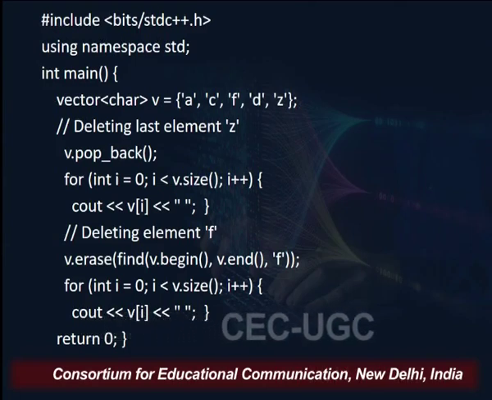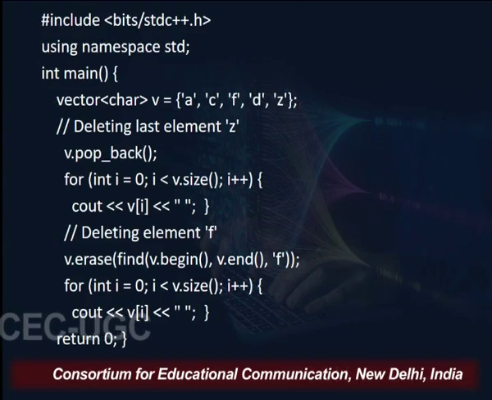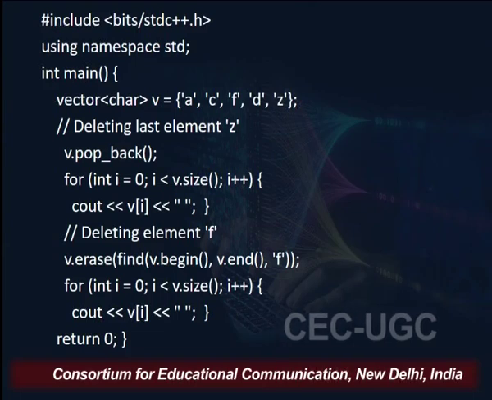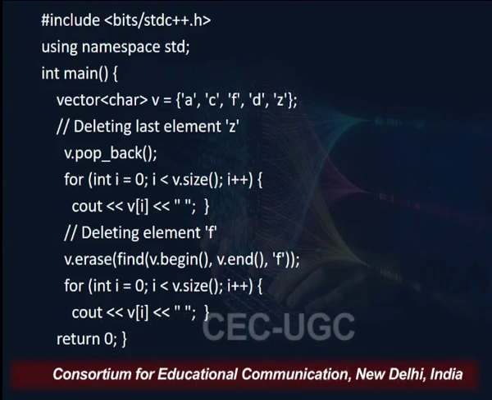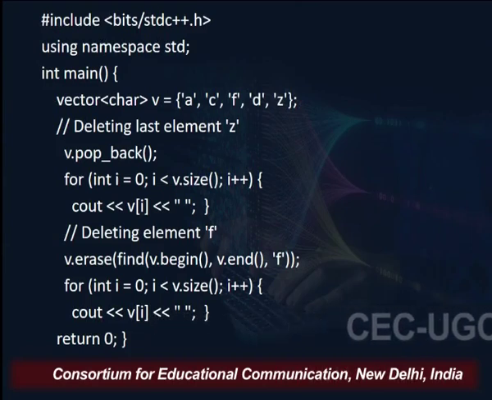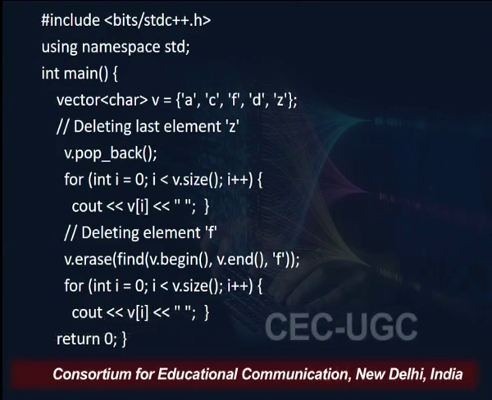So, starting from v dot begin till v dot end, the position of the element f is to be looked for, and then that position is passed as the parameter to erase. So, find is going to take 3 parameters. One is where to begin, another one is where to end, and the third one is what to look for.